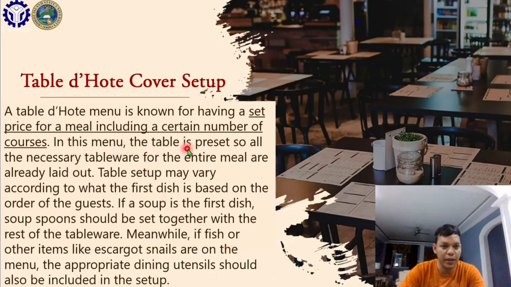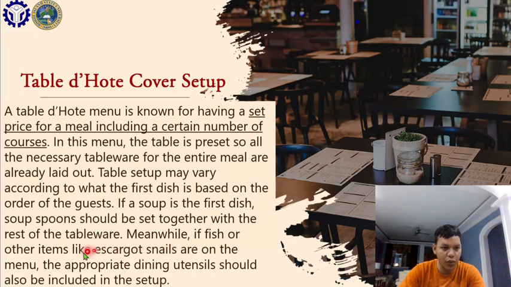In this menu, the table is preset, so all the necessary tableware for the entire meal are already laid out. So the table setup may vary according to what the first dish is based on the order of the guest. So if a soup is the first dish, soup spoon should be set together with the rest of the tableware.